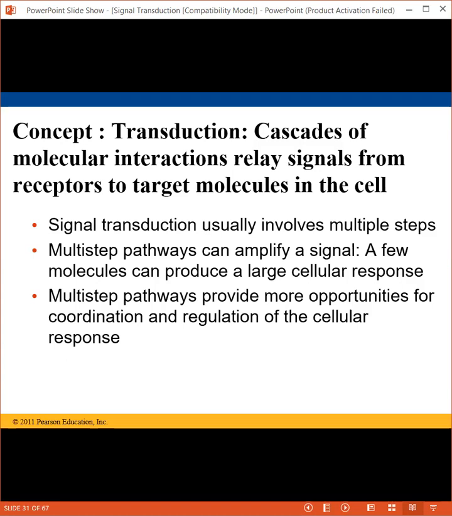Next, we will look into the next step of the cell signaling mechanism, that is transduction. Now, it is a cascade of molecular interactions.